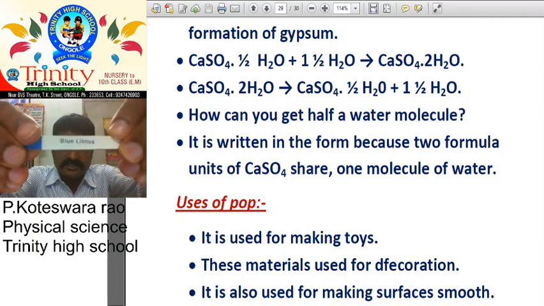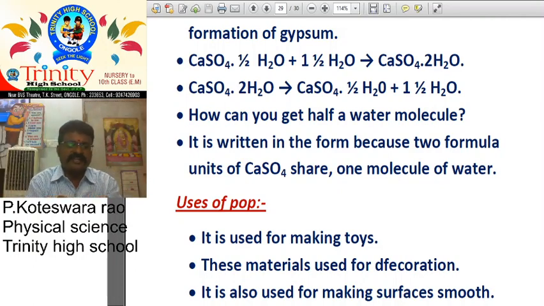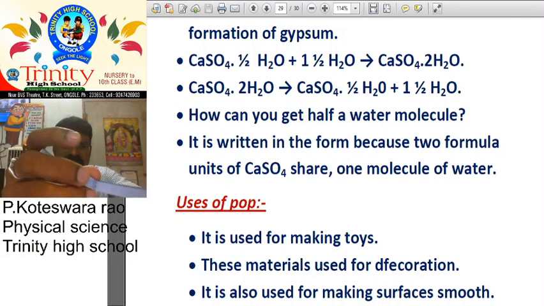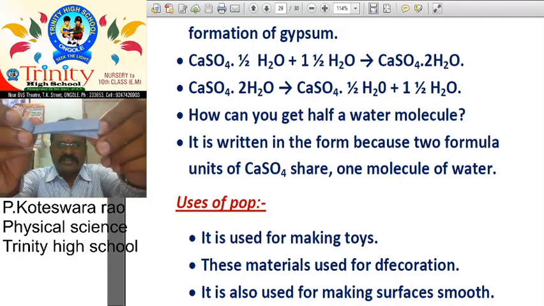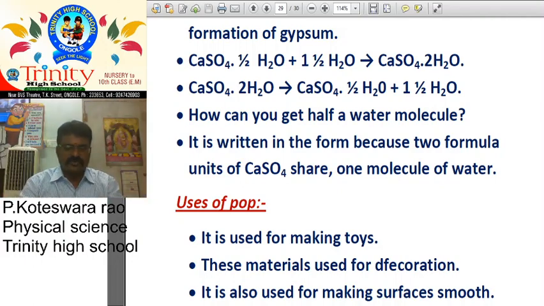Are you able to see? Which color is it? It is blue in color. We can take it and test substances or solution. There are so many blue ones here.